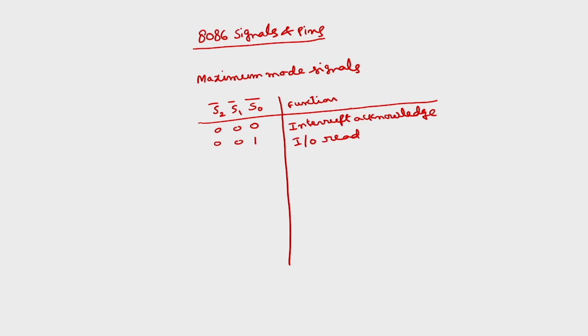So, we know that the microprocessor can perform 4 microprocessor initiated operations. Out of these 4, one is memory read, IO write, IO read. So, for 0 0 1 this is IO read. For 0 1 0 this is IO write.